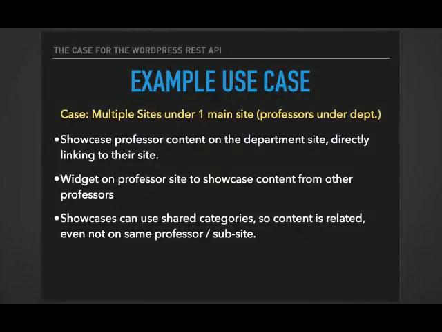You could showcase the professor's content on the main department website directly without having to duplicate any content, and then link directly to that professor's page. So if the professor created a new blog post, whatever it is, that could show up on the department's website in a section. And then when you click on it, it would take you to their website, and you would see the article there.